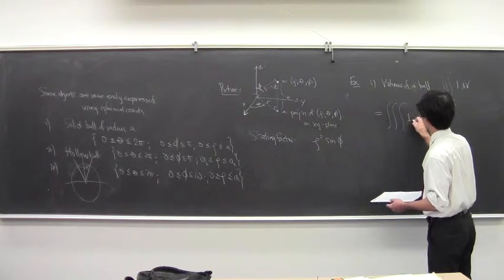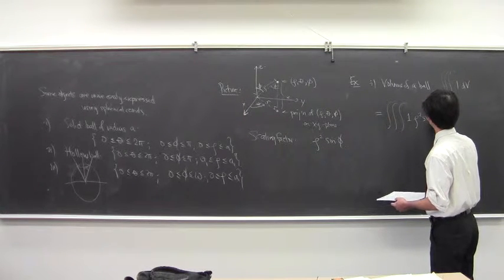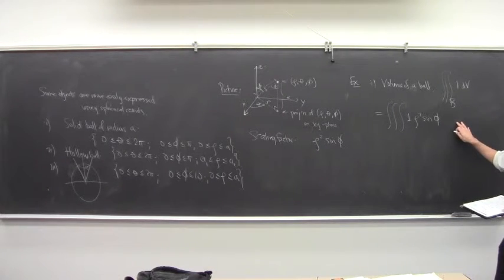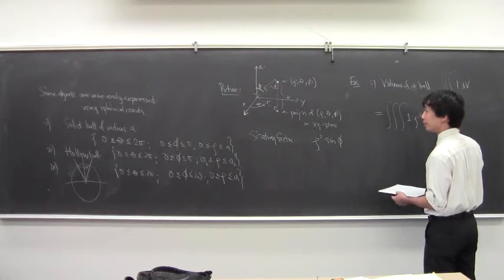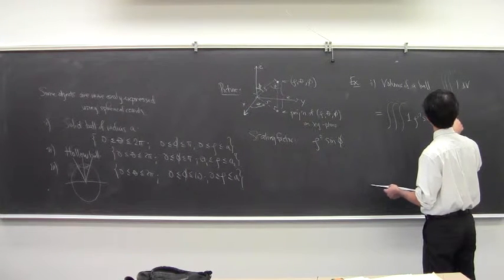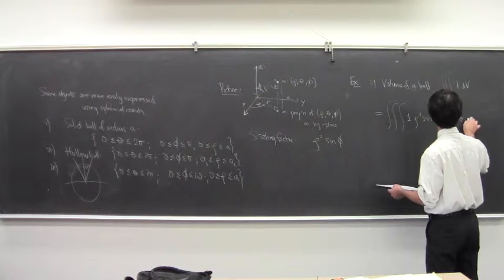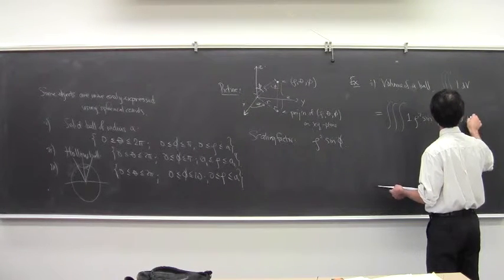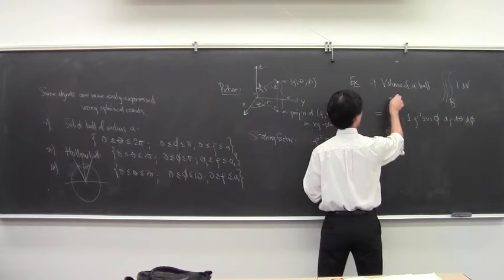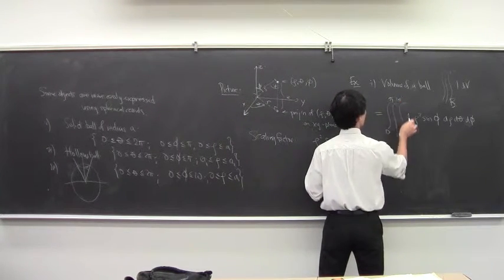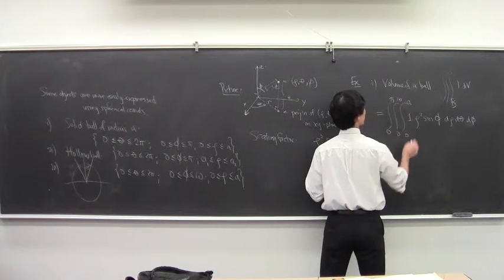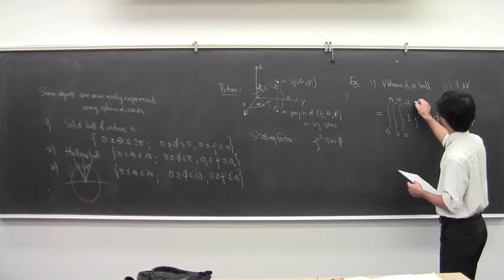So the only thing we have is a one here, and then we have the scaling factor, rho squared sine phi, and then whatever order you choose. It's sort of up to you. Let's say d rho, d phi, d theta. Phi goes from 0 to pi, theta goes from 0 to 2 pi, and rho goes from 0 to the radius of the ball.